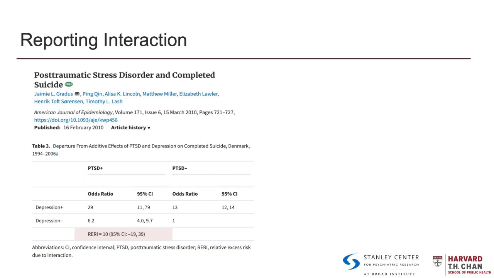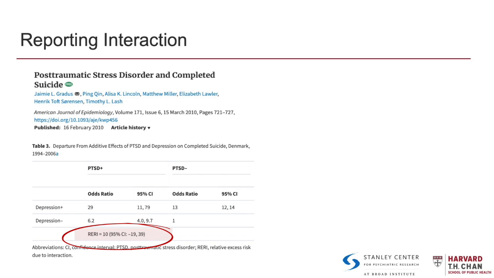So let's look at this example that was published by one of our colleagues, a faculty member at Boston University, Jaimie Gradus, where this study examined the association between post-traumatic stress disorder and completed suicide in a population-based study in Denmark. The investigators evaluated interaction, as you can see, using RERI reported here, calculating the relative risk due to interaction, which is a departure from the additive effect.